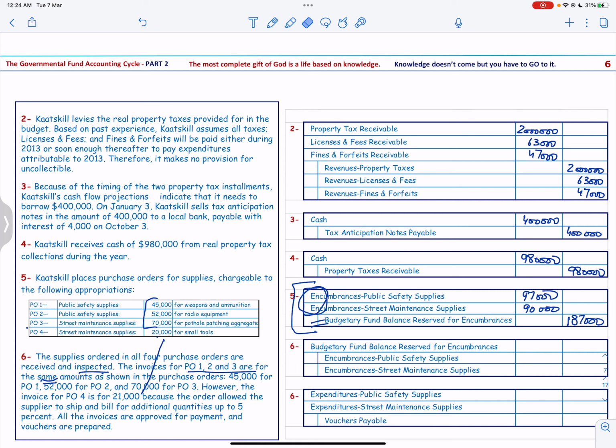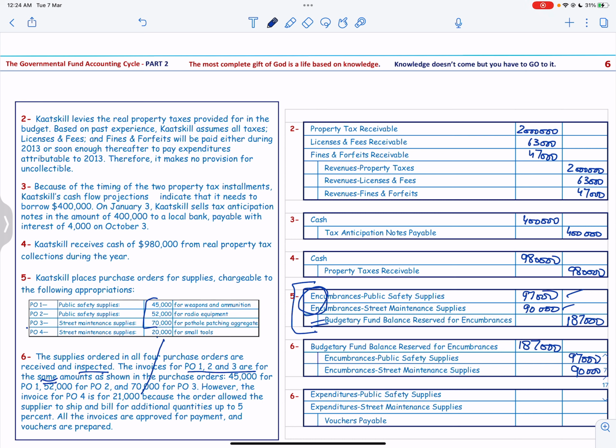So budgetary fund balance is debit by 187,000, and encumbrance public safety is credit by 97,000, and encumbrance street maintenance supplies is credit by 90,000.